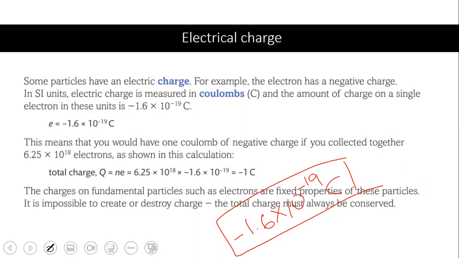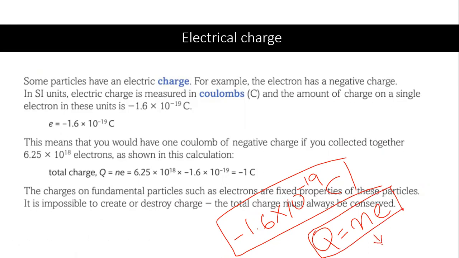Oftentimes you're going to see questions where they ask, what is the total charge? The way you find total charge is you use the formula Q equals N E, where N is the number of electrons.